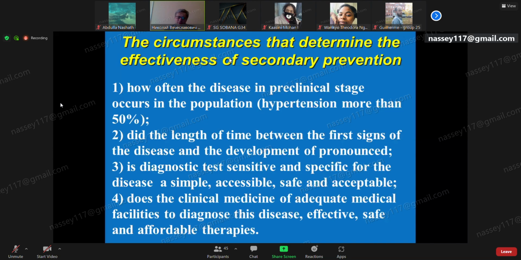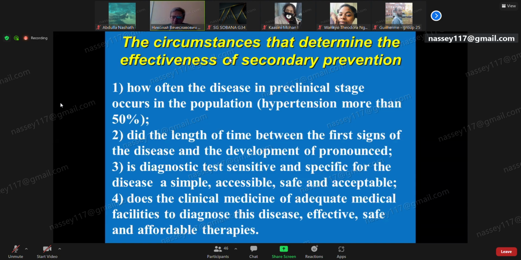Another position which we should estimate before organization of secondary prevention: we should know the length of time between the first signs of the disease and the development of its pronounced stage, the so-called latent period.